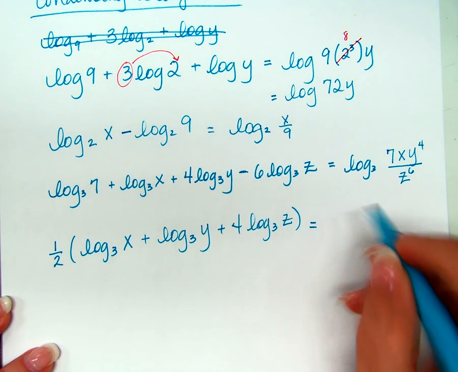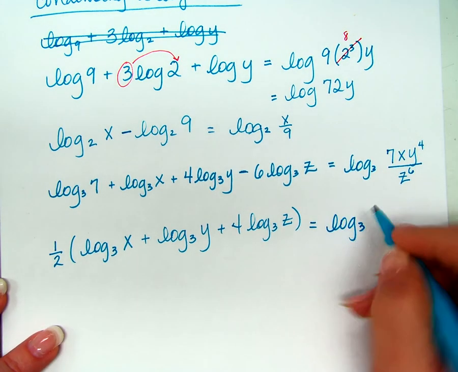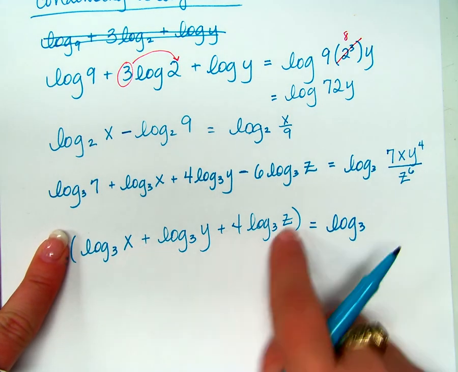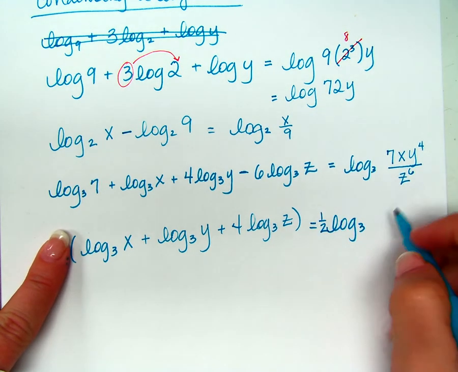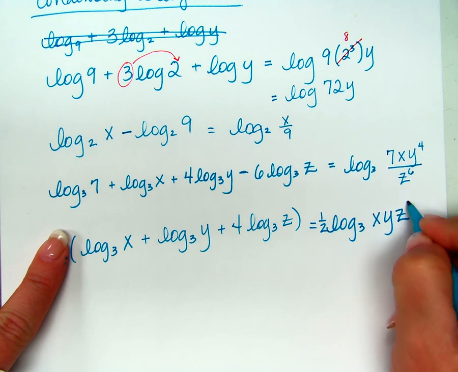How many times do I write it? So log base 3. We're going to ignore the 1/2 for a second. What do I get on the inside of here? x times y times z to the 4th.